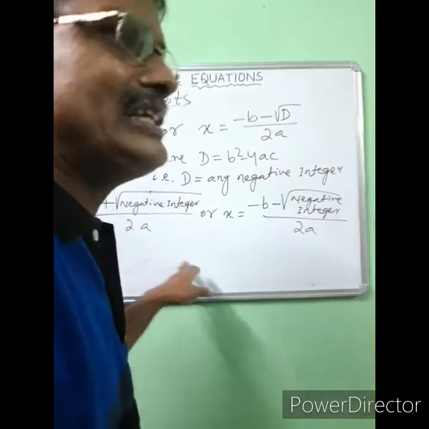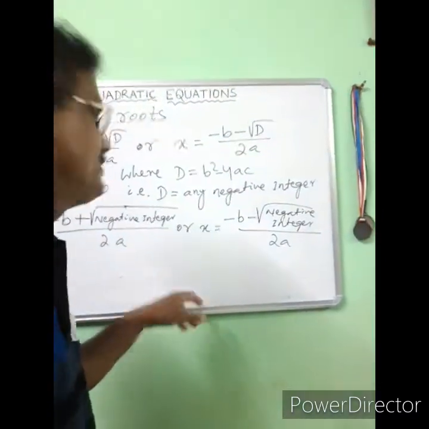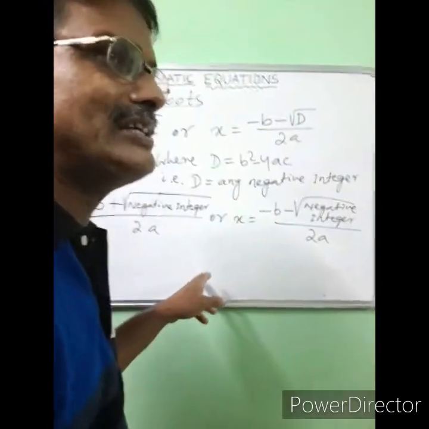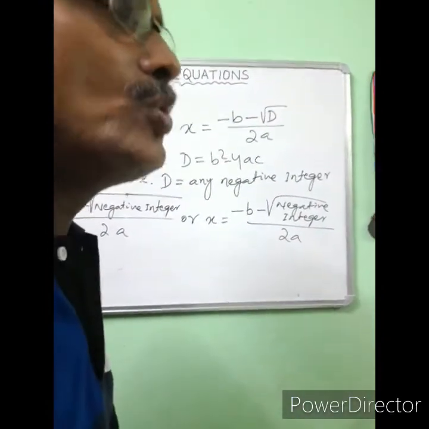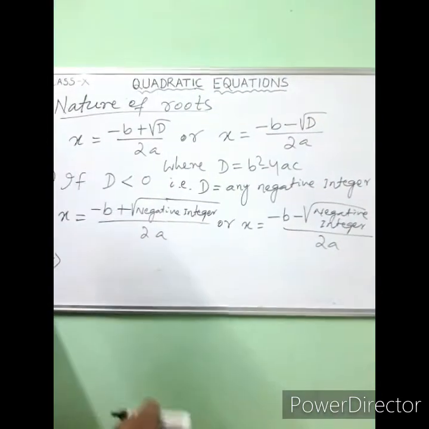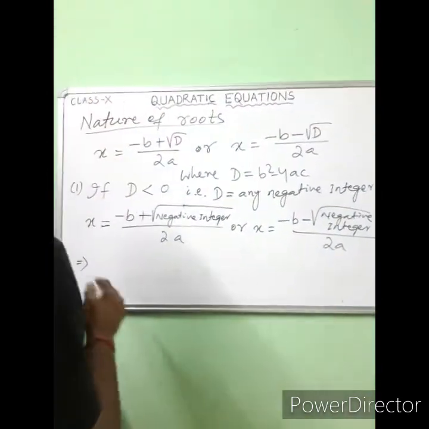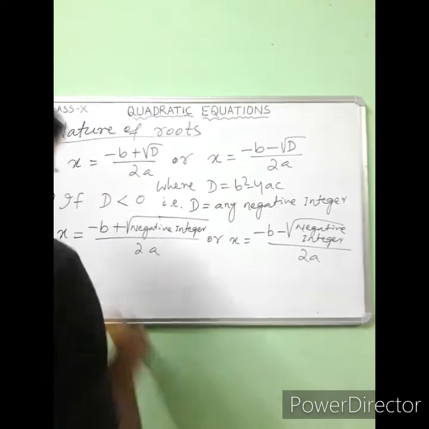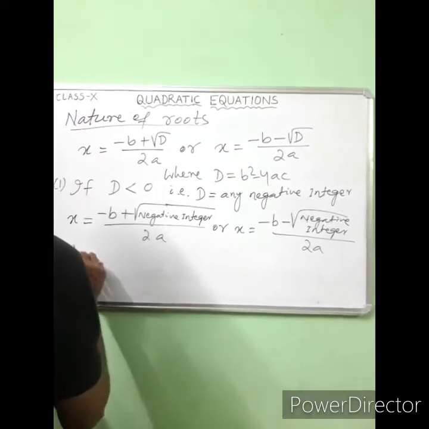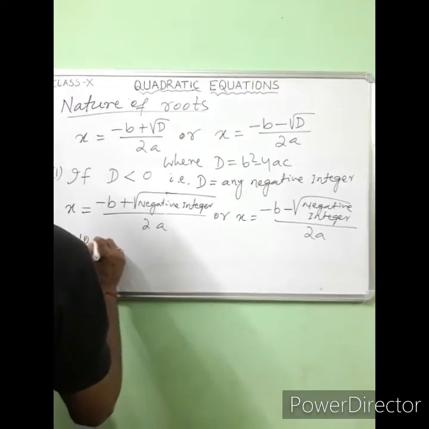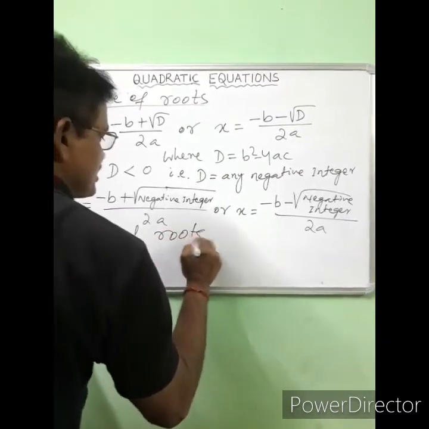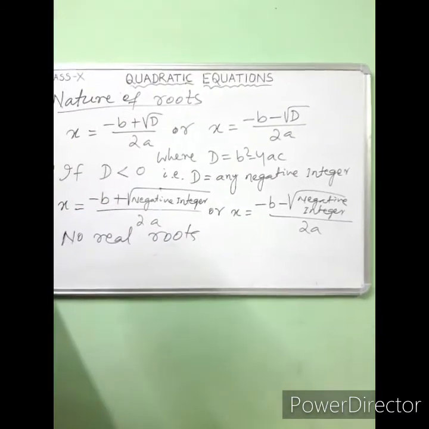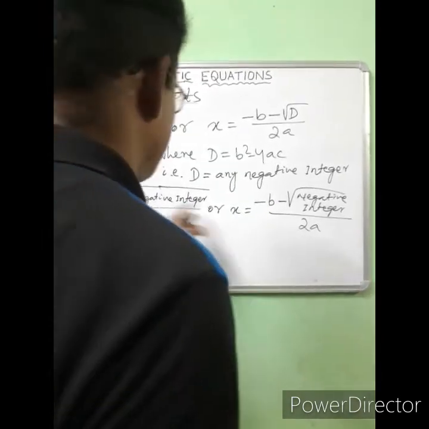If D is less than 0, we cannot find two real roots. So in this case, no real roots. This is the first nature of roots.